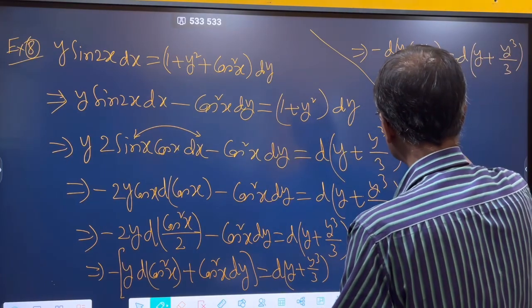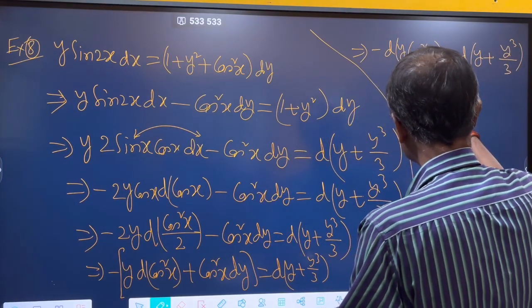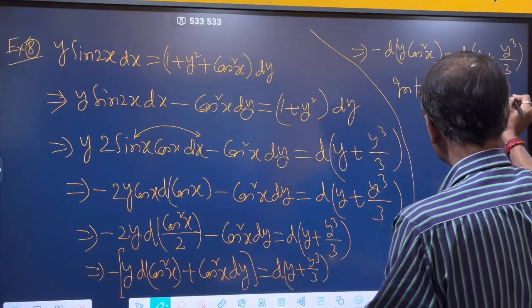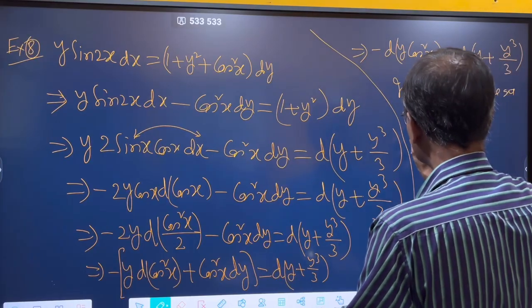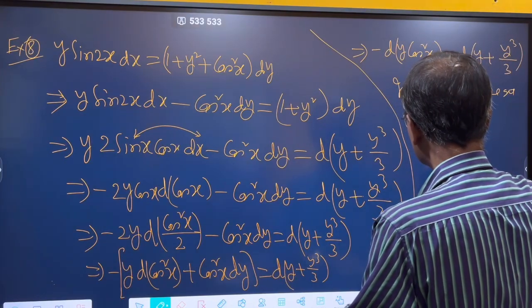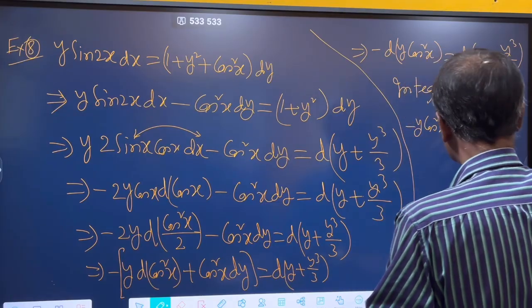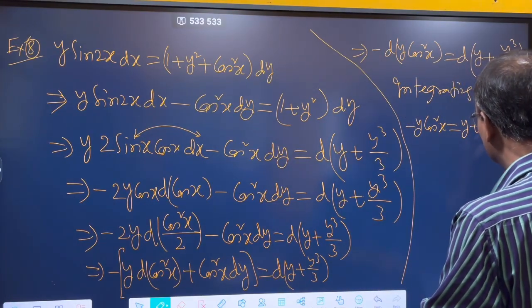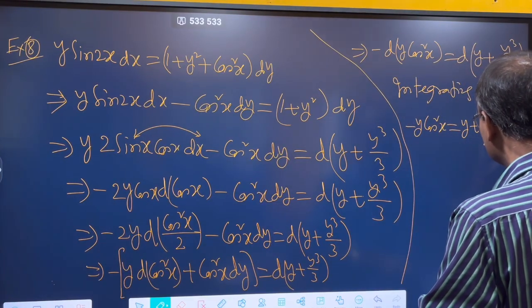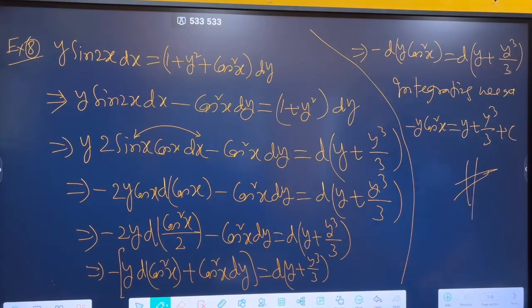Integrating, we get minus y cos square x equal to y plus y cube by 3 plus c. This is the answer.